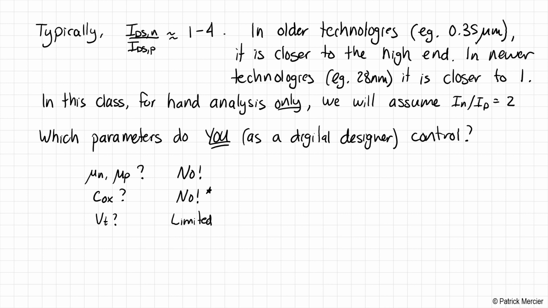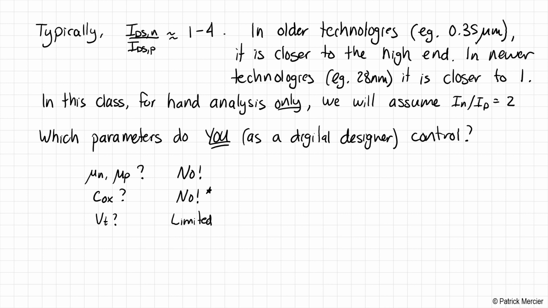Now, at the same time, we have an effect that we'll study, and perhaps you should already know about, called the body effect. And the body effect is a nice way that we can actually dynamically modulate the threshold voltage of a transistor. Now, it's not always conveniently accessible, particularly to NMOS transistors, but it is something that possibly we do have access to as a digital designer.